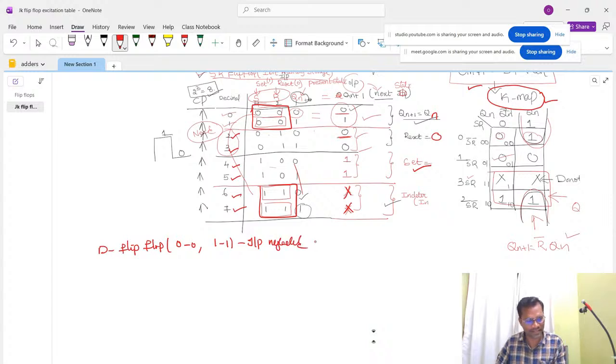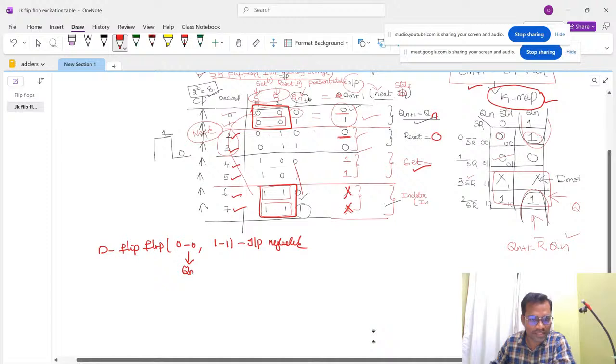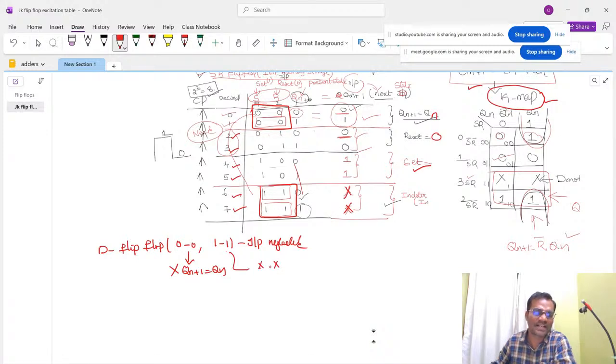Therefore, we can neglect these two inputs. Now let's see, in 0 0, Qn plus 1 is equal to Qn, where this kind of output is not useful. If both inputs are 1, then I'm going to get the output as undetermined. This is also not useful. Therefore a delay flip flop is designed.